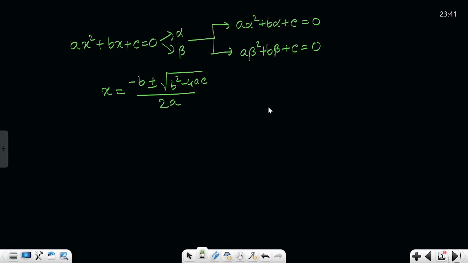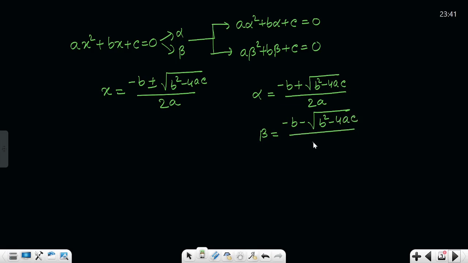So let us take alpha equal to minus b plus root over b square minus 4ac by 2a, and beta equal to minus b minus root over b square minus 4ac by 2a. Clear?